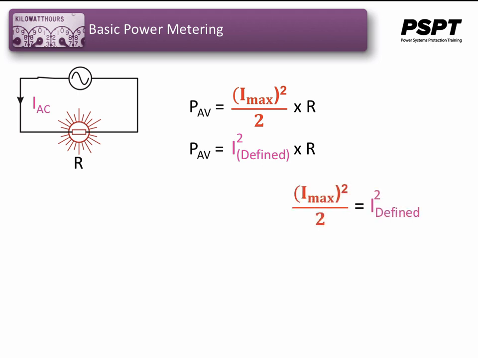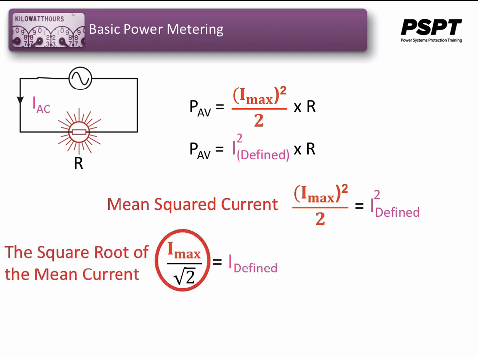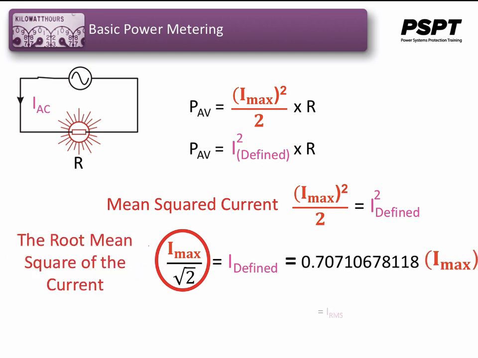This means, of course, that I defined squared is equal to I max squared over 2, which is the mean of the current squared, or the mean squared current. Therefore, the square root of the mean squared current equals that defined current. Another way of stating it is the root mean square of the current.